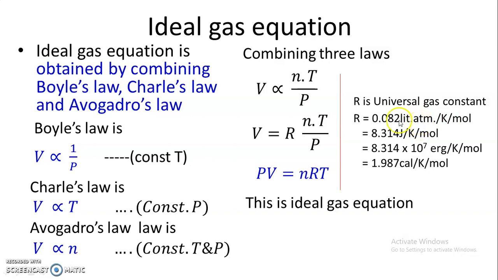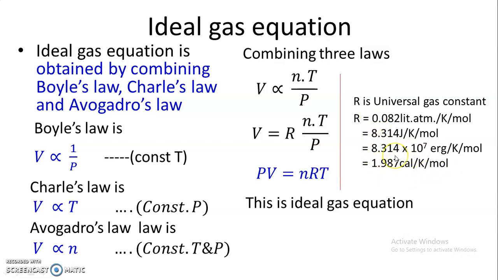So here pressure is expressed in atmosphere, volume in liters, and temperature in Kelvin. R is equal to 8.314 joules per Kelvin per mole, or R is equal to 8.314 into 10^7 ergs per Kelvin per mole, or R is equal to 1.987 calories per Kelvin per mole.